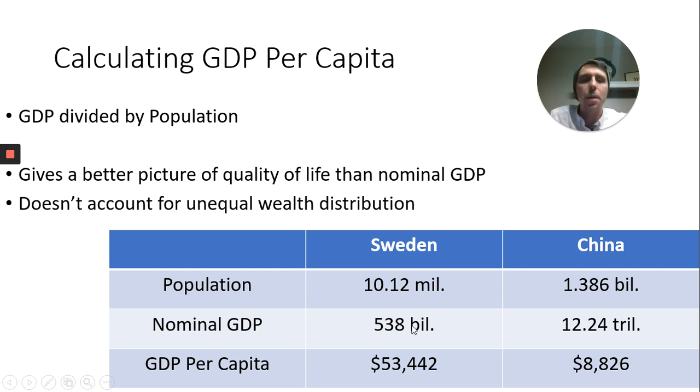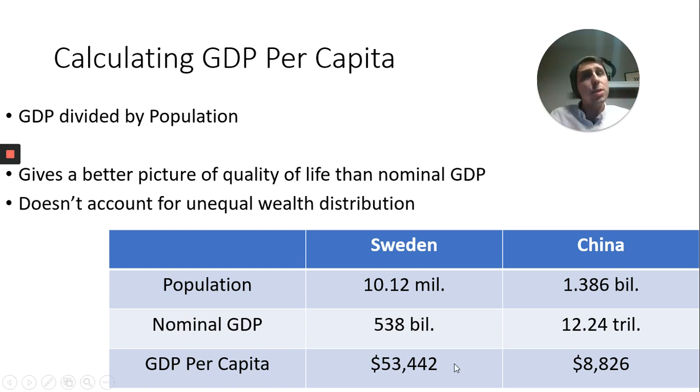Now, if I divide that number, I'll see that per person, the economy in China produces only $8,800 a year. So think about that, because that is the total revenue of a country, and every single person, if it were divided evenly, would only have access to $8,800. A third of the price of the average American car, right?